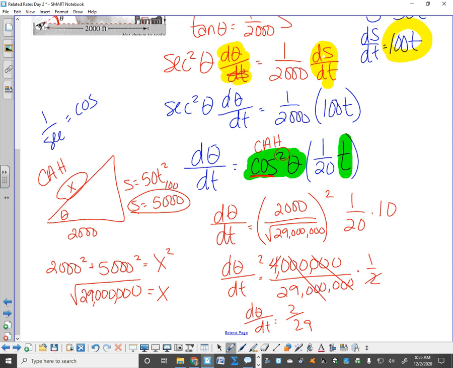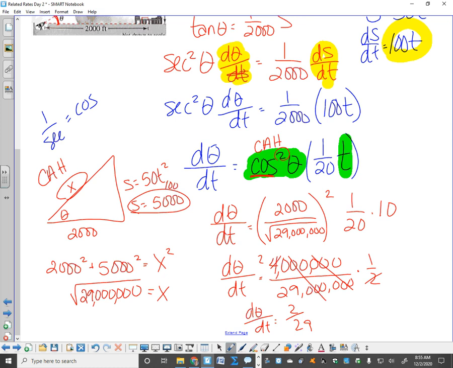Okay, so again, I never found theta. I don't need theta. I need cosine of theta. So I did a little right triangle trig, and I found my third side of my right triangle, my hypotenuse, by using the Pythagorean theorem. I left it under the square root because when I square rooted it, I got a decimal, and I don't want to go decimal until the end. And plugged in adjacent over hypotenuse, and then squared it because the cosine is squared, and then cleaned, and it cleaned so pretty.